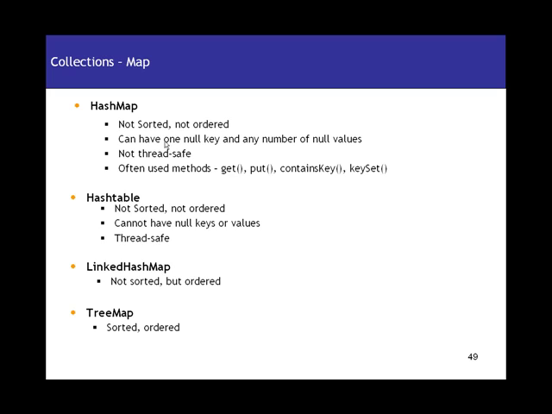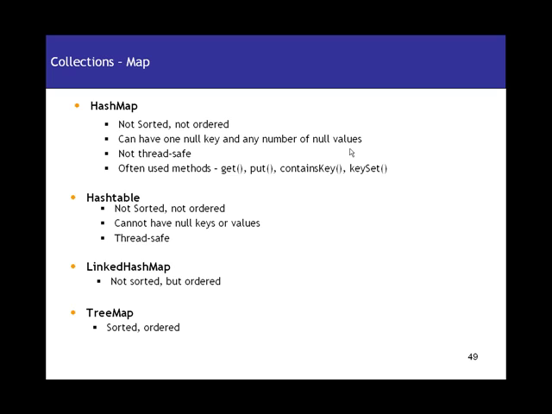So we've talked earlier that a map is again a list of unique IDs, right? So only the name in the name value part is unique and the value is not required to be unique, right? So since the keys should be unique, you can have only one null key, but you can have a number of null values because the value part is not really unique.